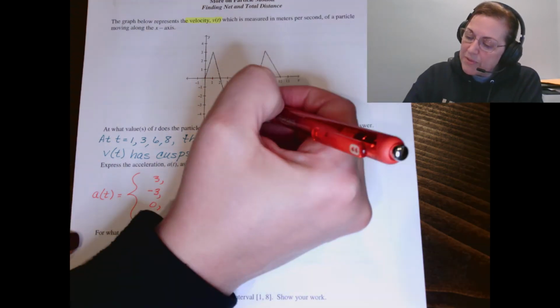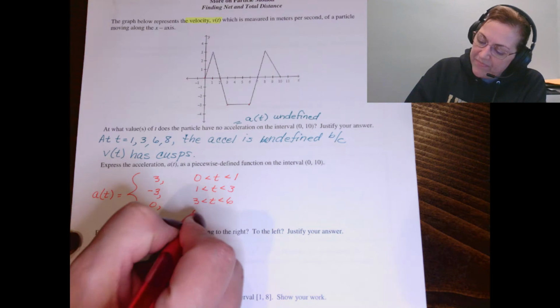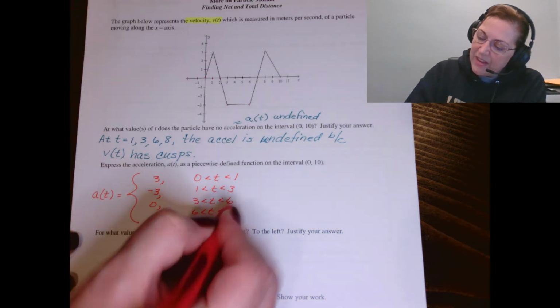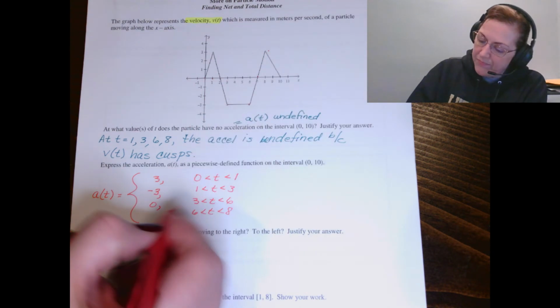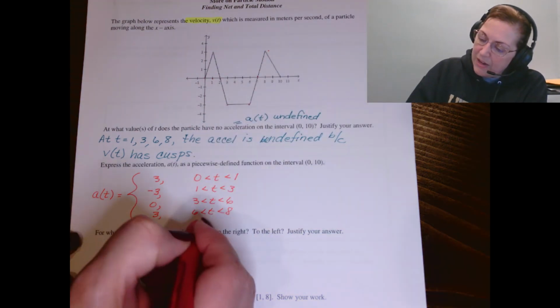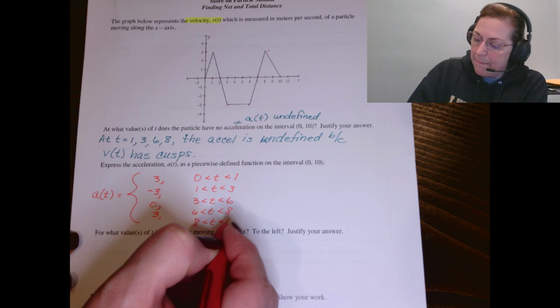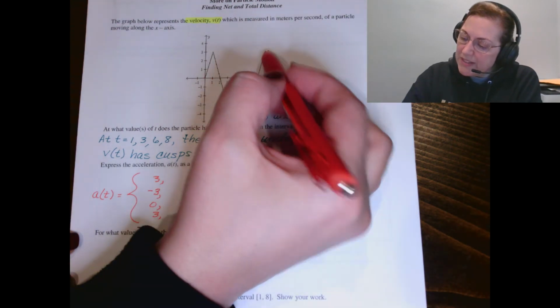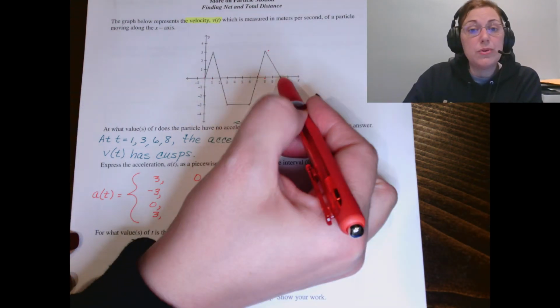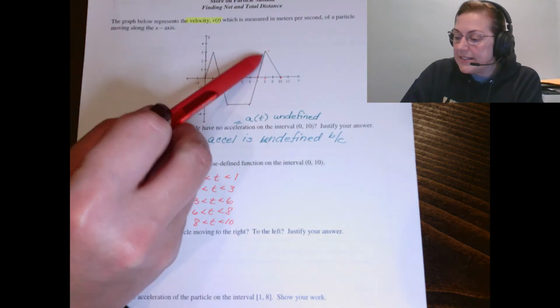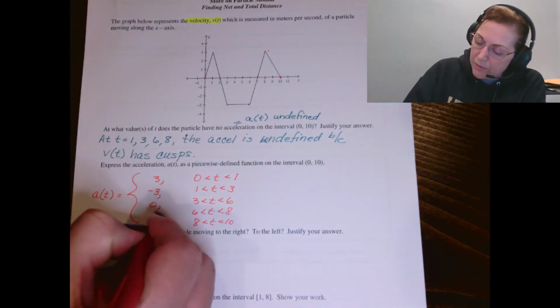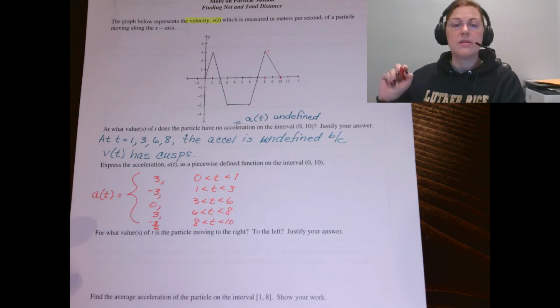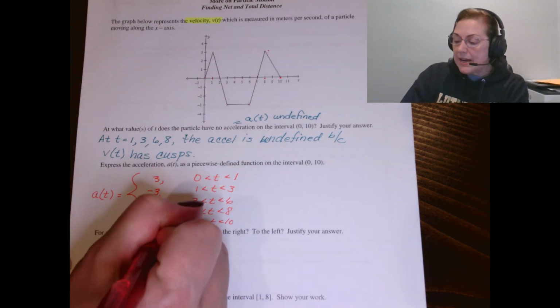And then I'm going to go from 6 to 8, and that slope would be up 3, right 1. And then I'm going to go from 8 to 10, and that slope would be down 3, right 2. Check that again. That's down 3, right 2. So that's -3 halves.